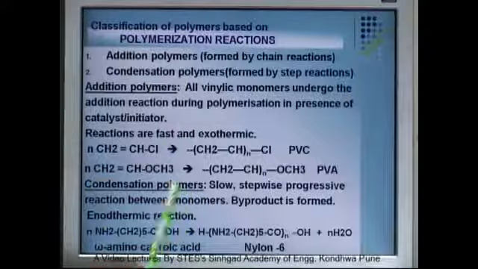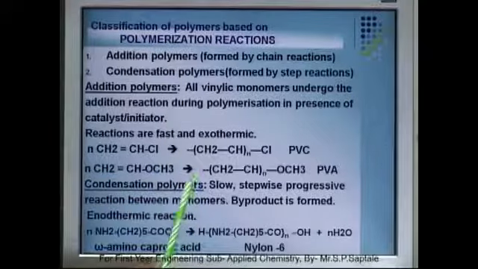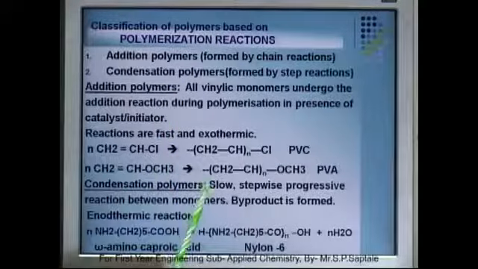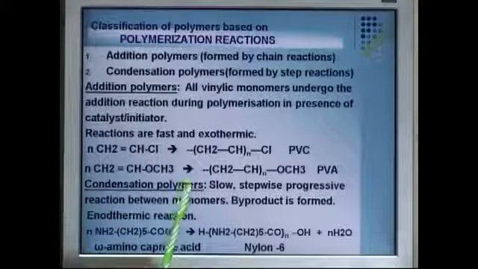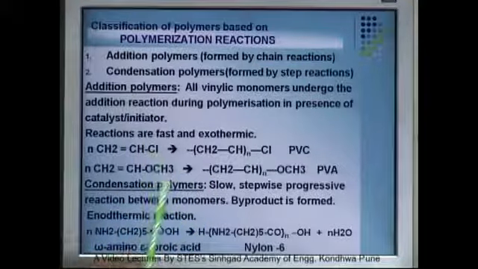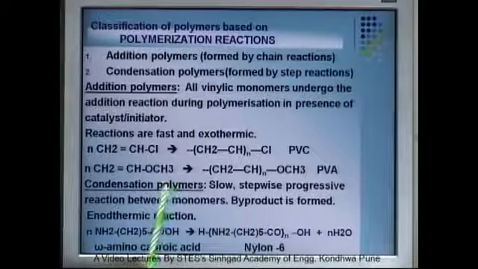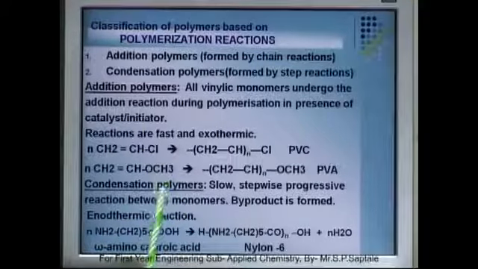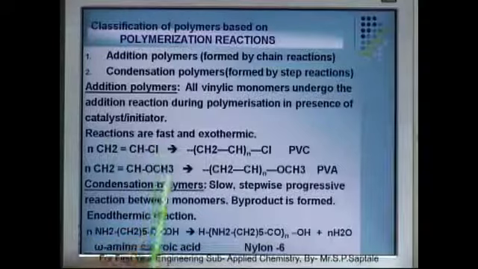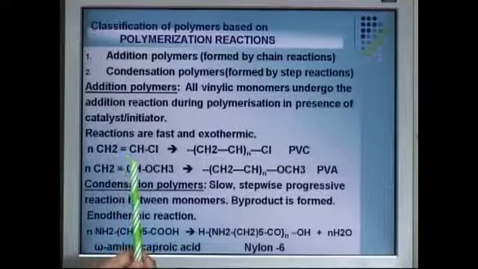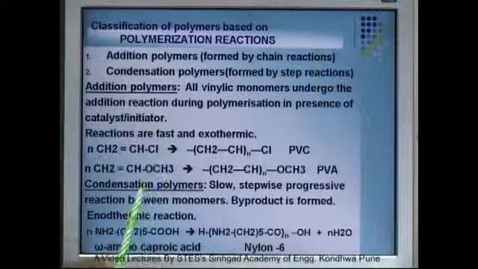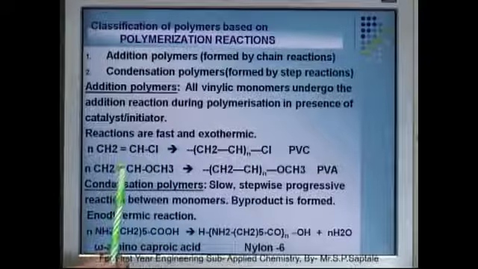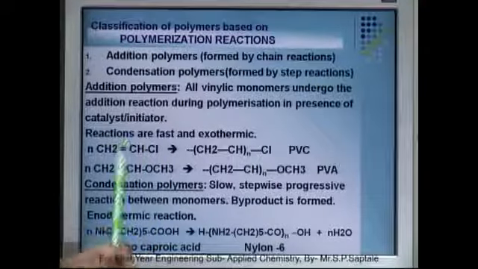In addition polymers, all vinylic monomers undergo addition reaction during polymerization in the presence of a catalyst or initiator. For example, take CH2CHCl, vinyl chloride, which contains a double bond, and this double bond breaks under certain conditions of heat, light, pressure, or catalyst.